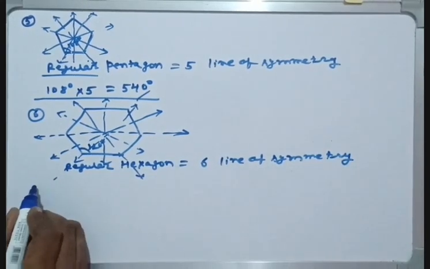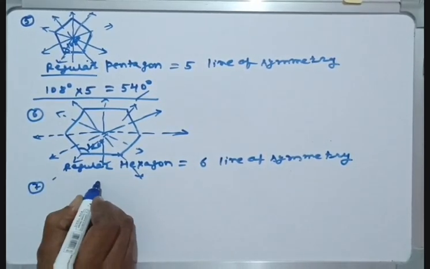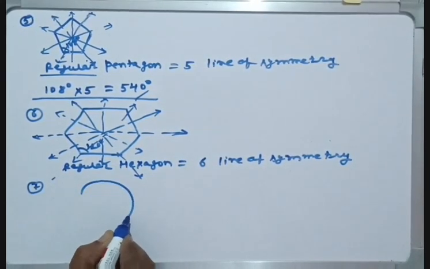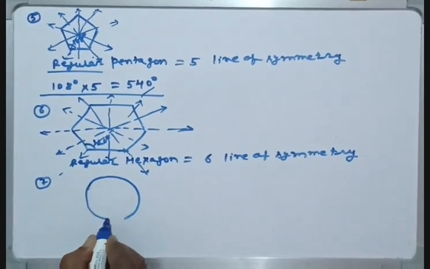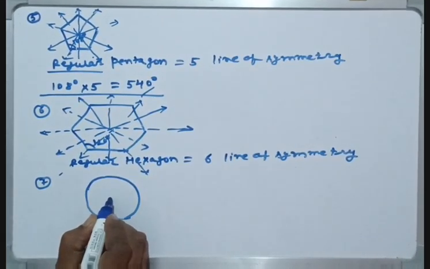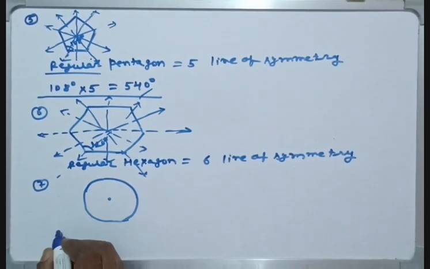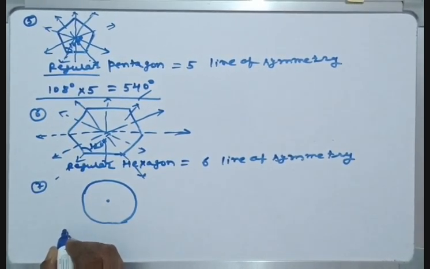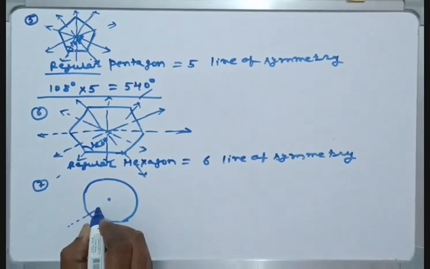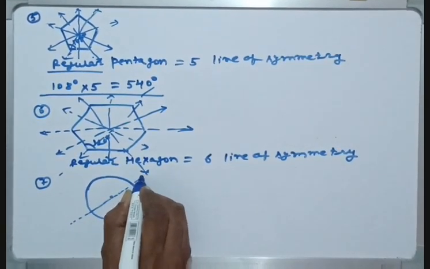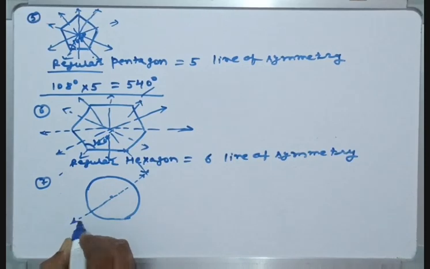Guys, now the seventh one is a circle. Okay, now see, if this is the center point of this circle, if we draw an imaginary line like this one, which is passing through the center of this circle, like this one.